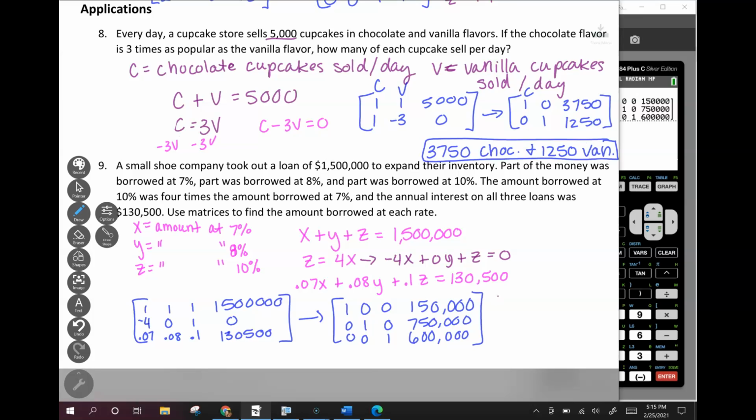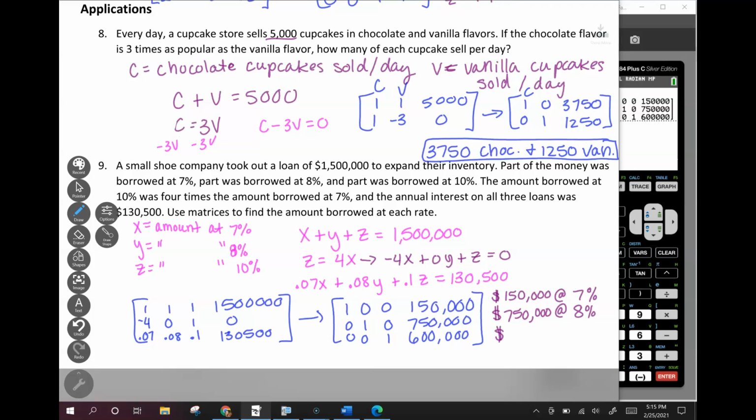So they borrowed 150,000 at 7% interest. Then they borrowed 750,000 at, so that second column was Y, so that is my 8% loan.